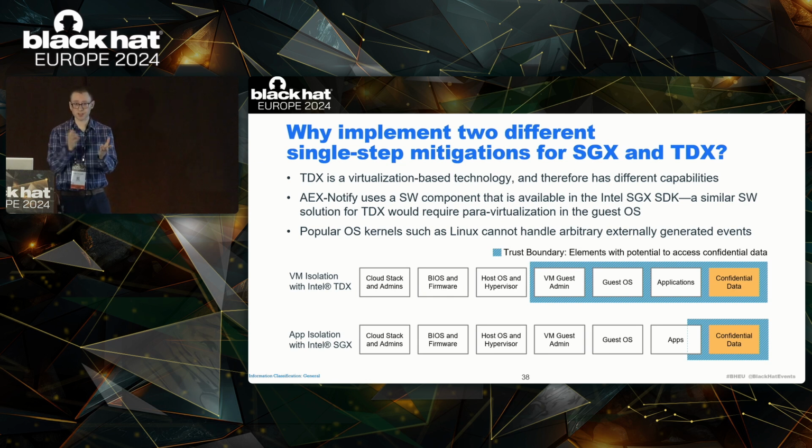Because of that, there are some consequences when we try to implement mitigations for them. Notably, popular operating systems such as Linux can't accommodate a software handler that can run at arbitrary times, because there are certain critical sections of code inside the Linux kernel that cannot be interrupted in such a way that they'd require some event to be handled.